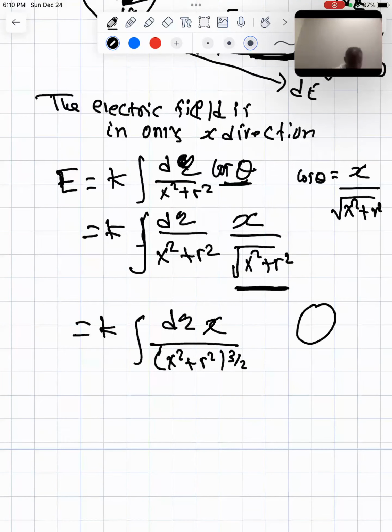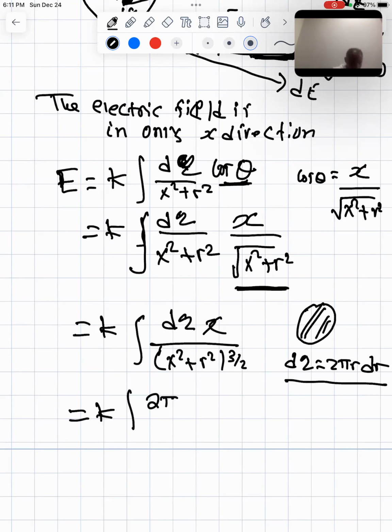This is a disk, yes? And for a disk, I discussed already at the beginning of the lecture, dq is 2 pi r dr. So instead of dq, we can have k times 2 pi r dr x over x squared plus r squared to the power of 3 over 2. Now, this is my integral.